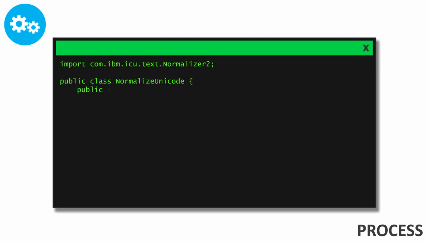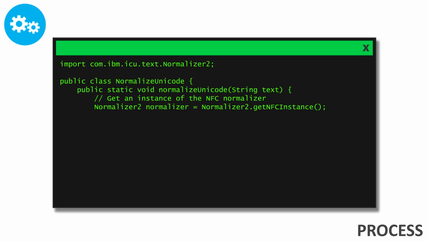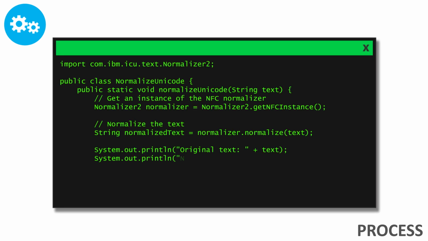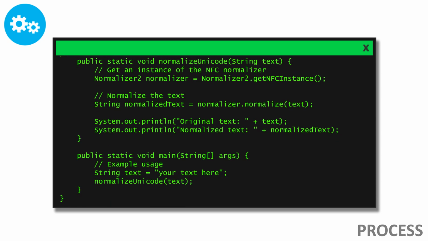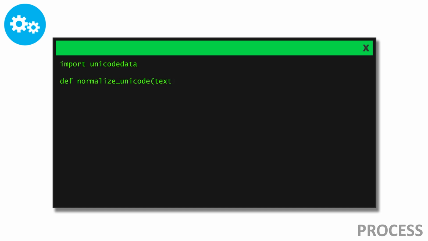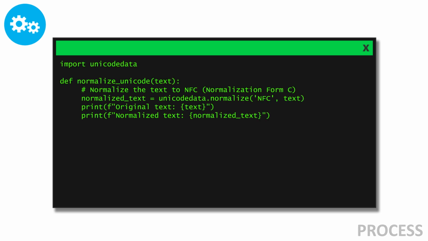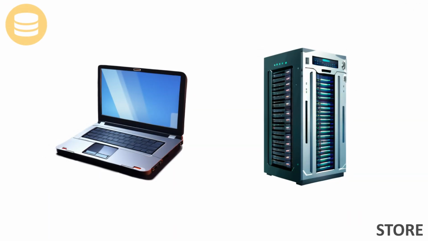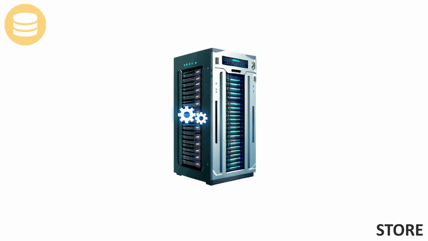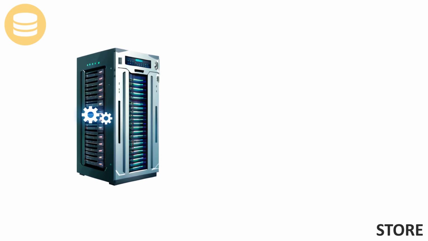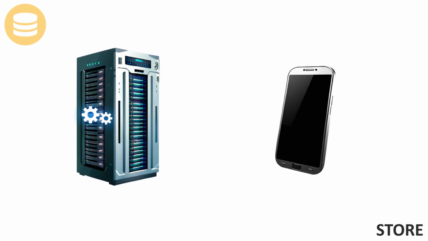A tool that assists these various tasks is the previously mentioned ICU, which includes various functions for Unicode normalization and other text processing tasks. For Python, unicodedata performs a similar job. For our purposes, databases need to be set up to support UTF-8 encoding, which can be achieved both in SQL and NoSQL.